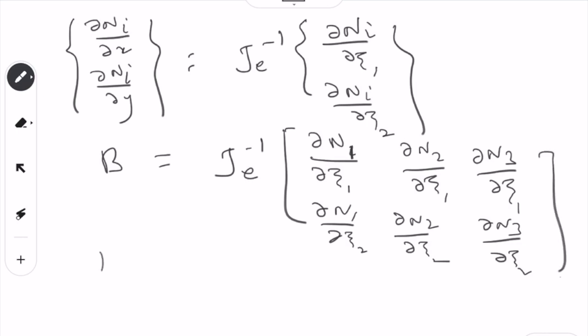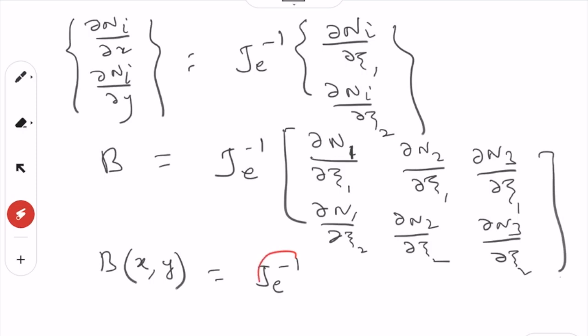Or we can say B, which is a function of x, y, is equal to Je inverse, which will be a function of xi and eta only.